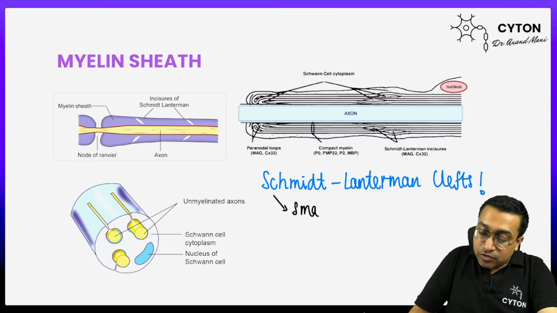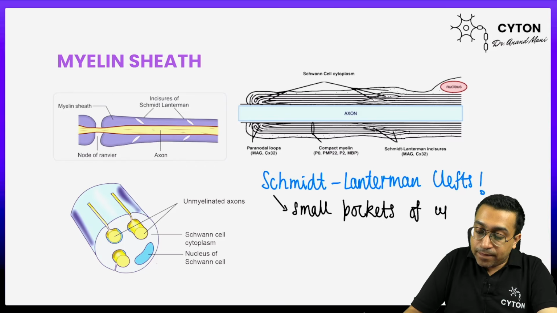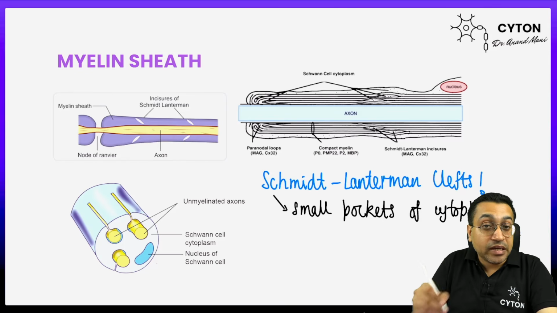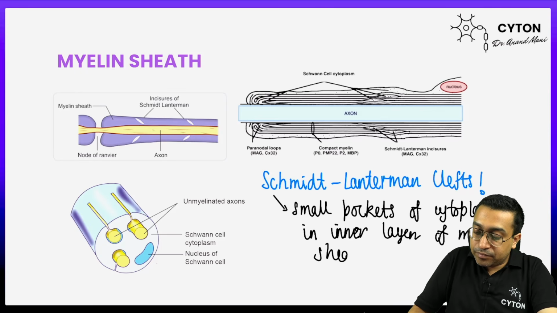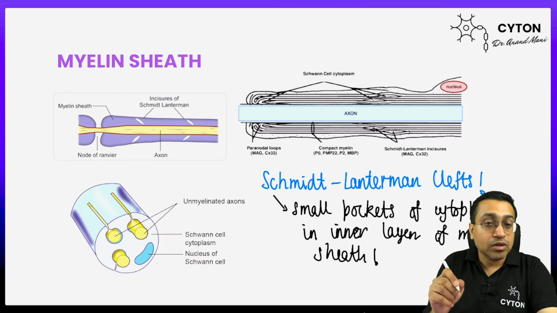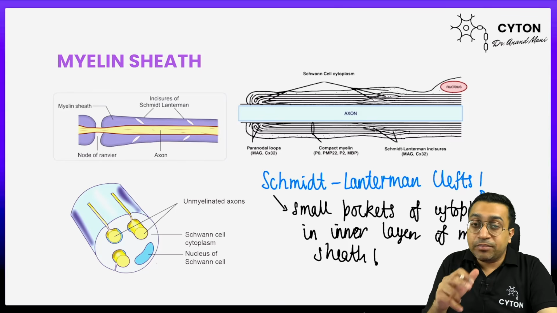So, small pockets of cytoplasm in the inner layers of the myelin sheath. Usually the cytoplasm gets squeezed out of the myelin sheath during the wrapping of the mesoaxon around the axon.